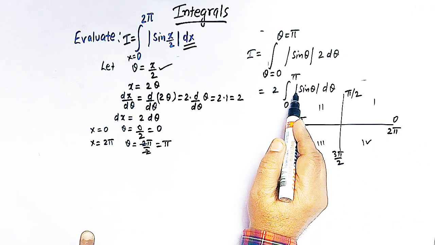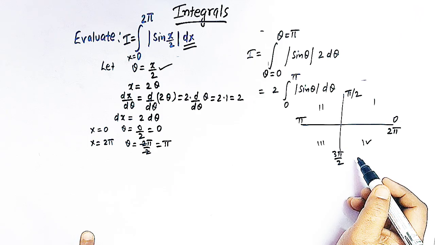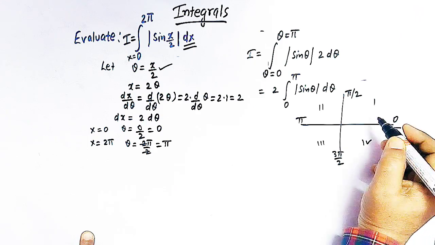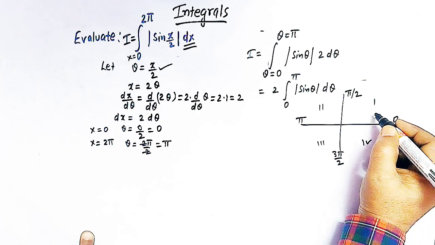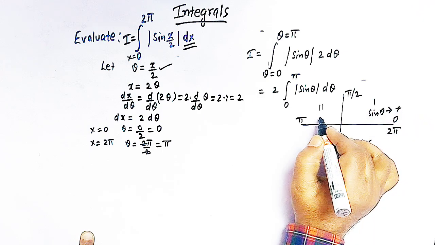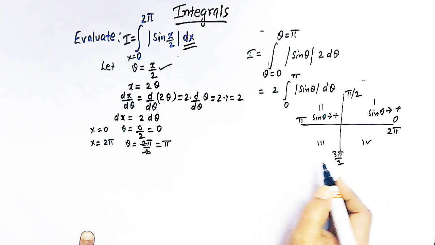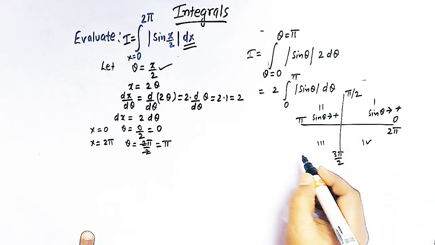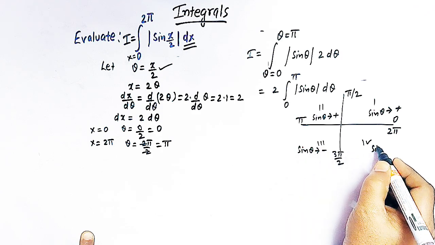Now here we have mod of sine theta, and from trigonometry we know that sine theta is positive in the first and second quadrant. So here sine theta is positive, here also sine theta is positive. And in the third and fourth quadrant the sine function is negative.